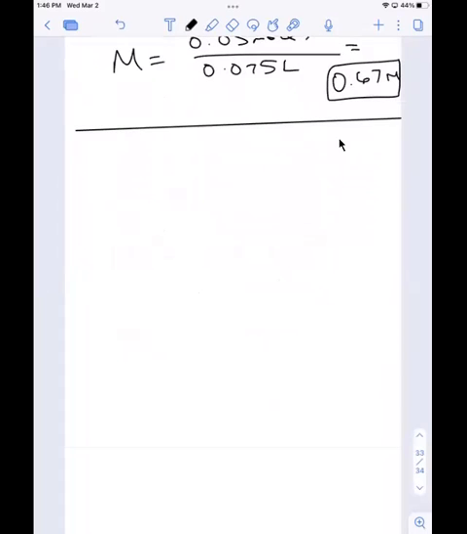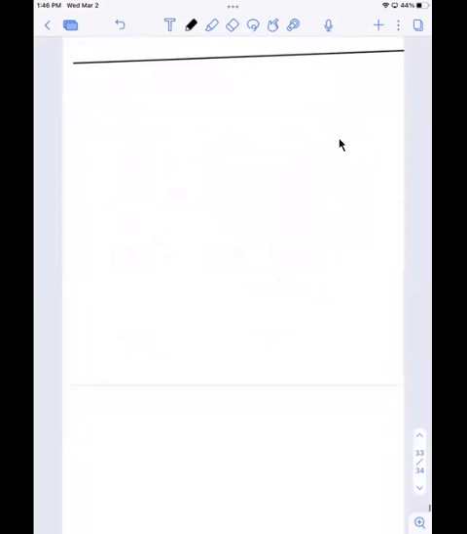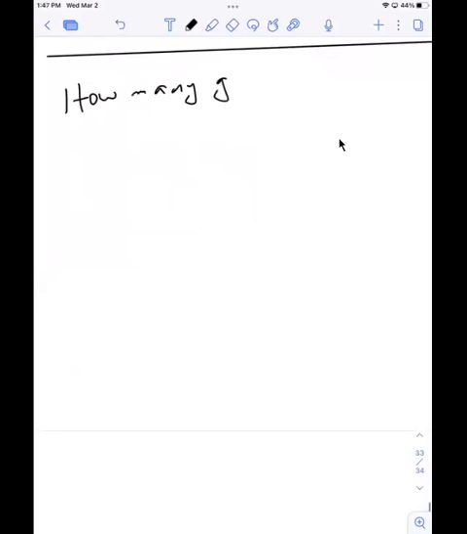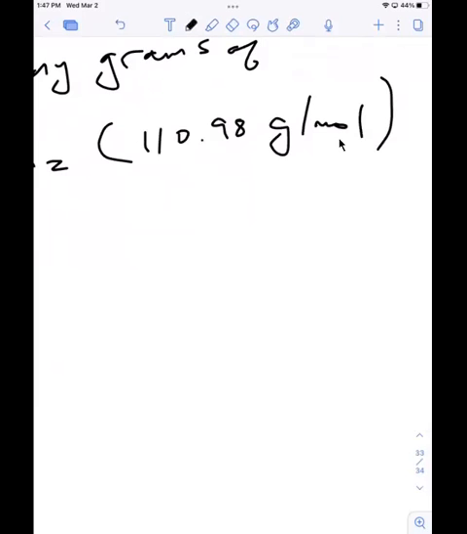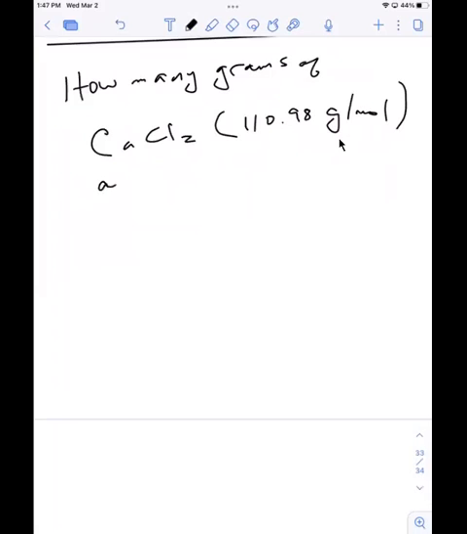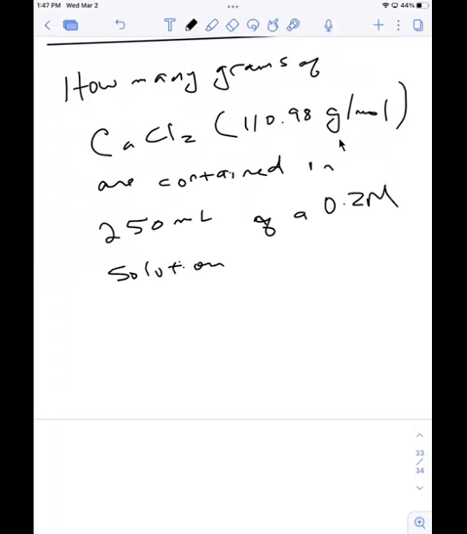The question is, how many grams of calcium chloride, 110.98 grams per mole, are contained in 250 milliliters of a 0.2 molar solution?